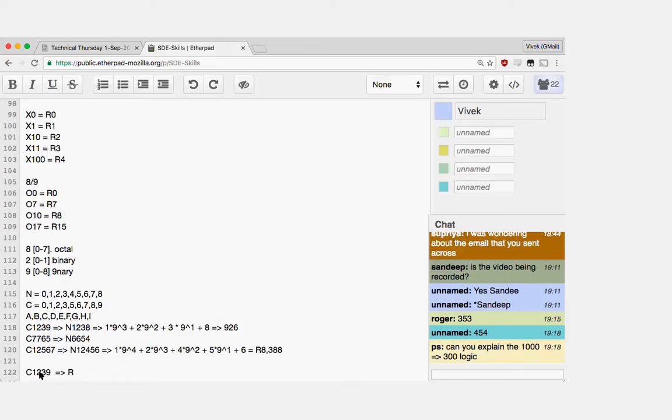If you look at lines 115 and 116, we need to take a 0 of Chinese and convert it to a 0 of the N system, and 1 of Chinese to 1, which means you don't change 0, 1, 2, and 3. But 5, 6, 7, 8, and 9, you have to reduce by 1 so that you get a 9-based system. So C is also a 9-based system, but the digits don't mean the same thing.